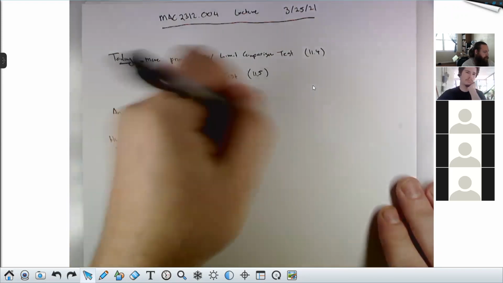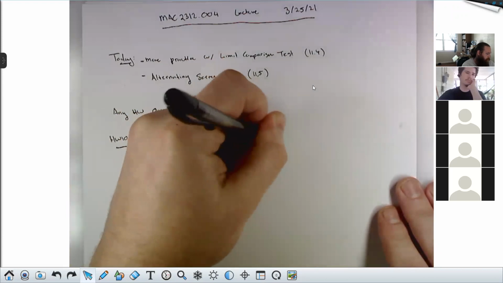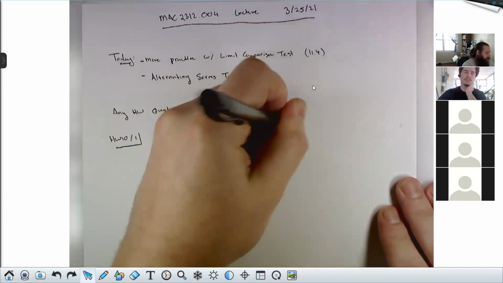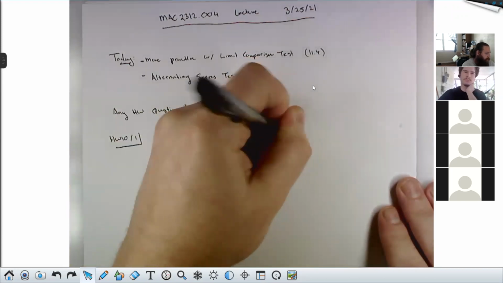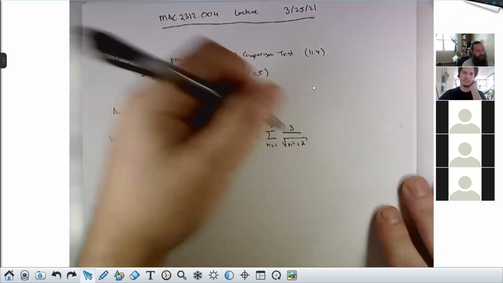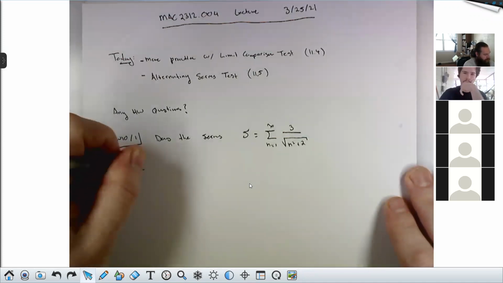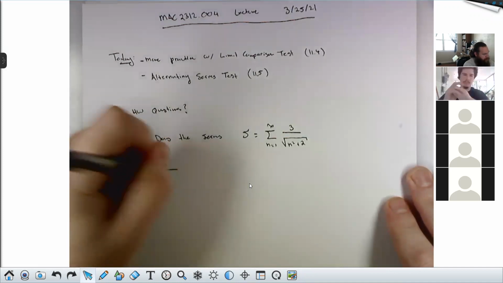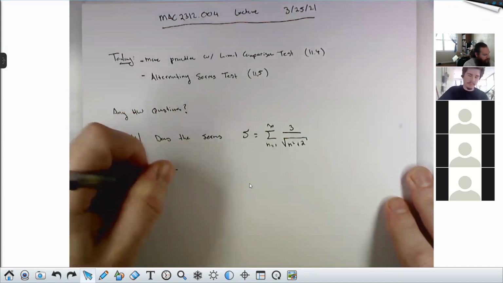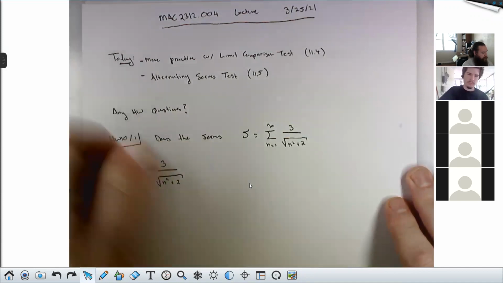I'm going to label the series as S, and we're summing from 1 to infinity 3 over the square root of n squared plus 2. I see homework 10 number 7 is the next requested problem, so we'll do these two. At a glance here, a_n is 3 over the square root of n squared plus 2.